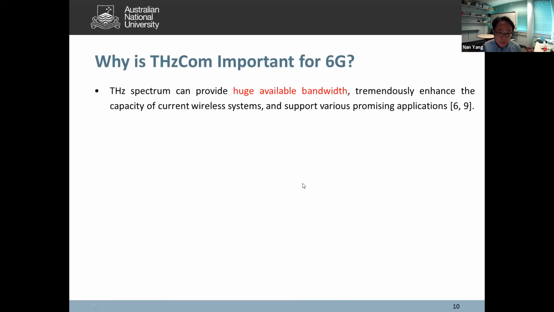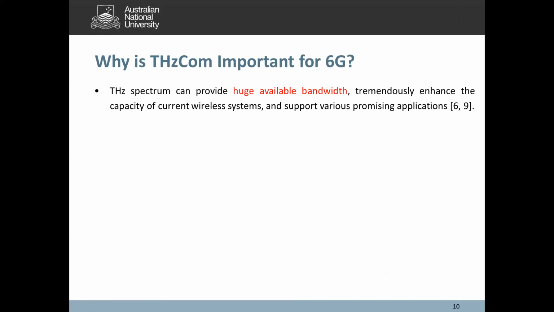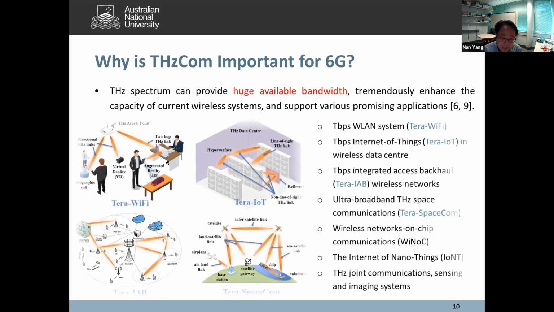Based on that, we know the terahertz spectrum can provide huge available bandwidth, such that it can tremendously enhance the capacity of the current wireless system and has the potential to help us achieve terabits per second data rates.